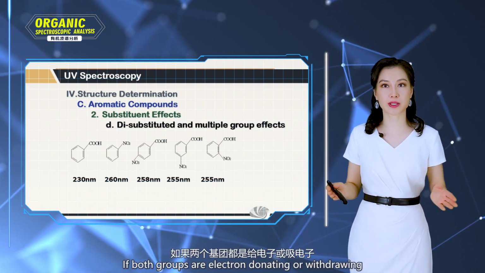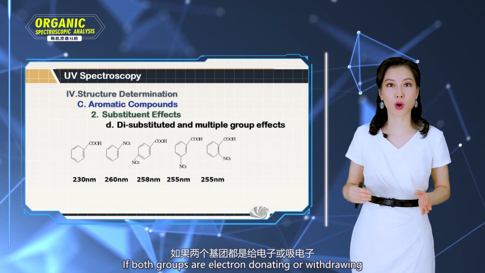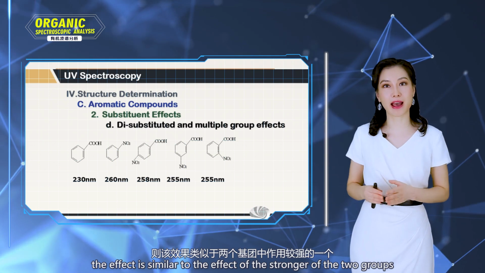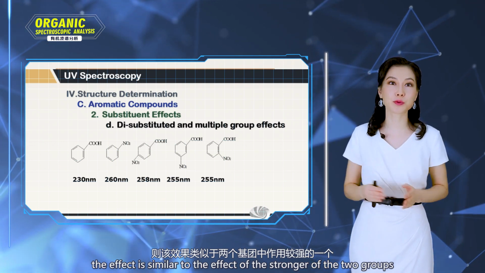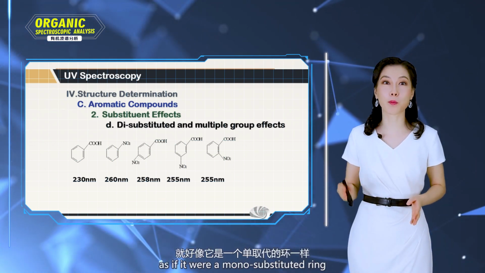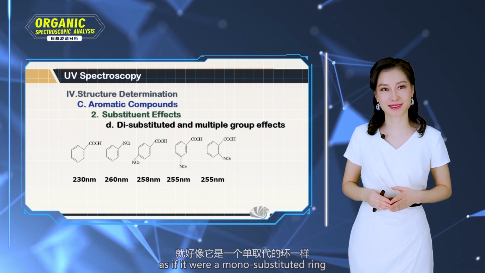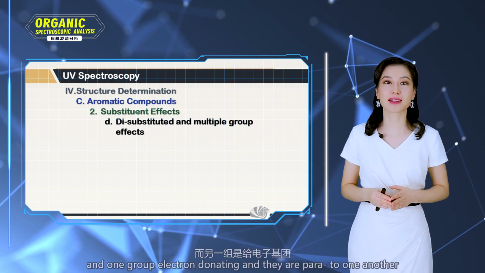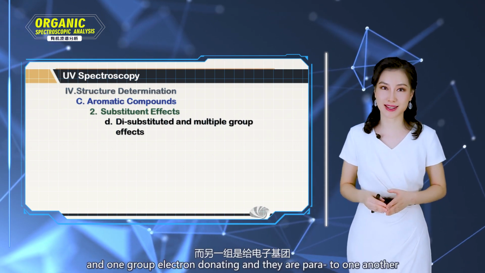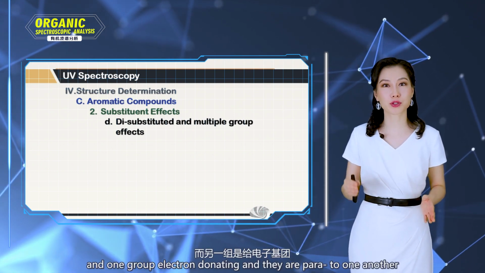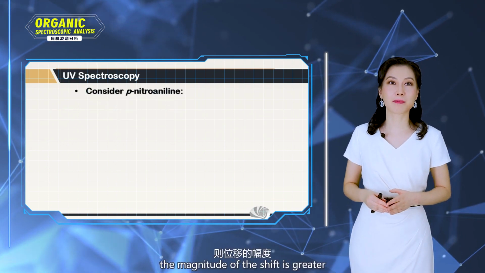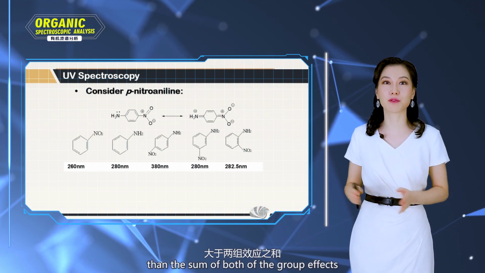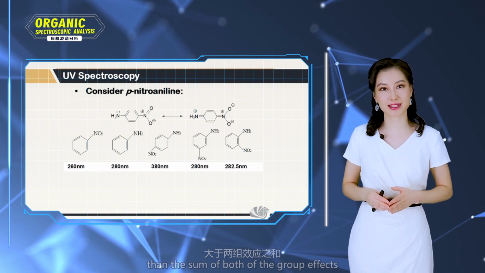If both groups are electron donating or withdrawing, the effect is similar to the effect of the stronger of the two groups, as if it were a monosubstituted ring. If one group is electron withdrawing and one group electron donating, and they are para to one another, the magnitude of the shift is greater than the sum of both of the group effects.